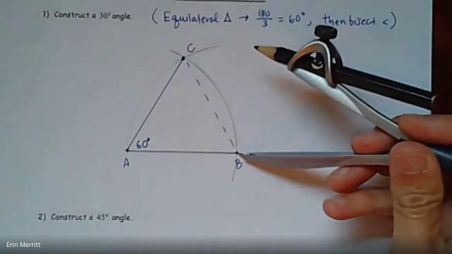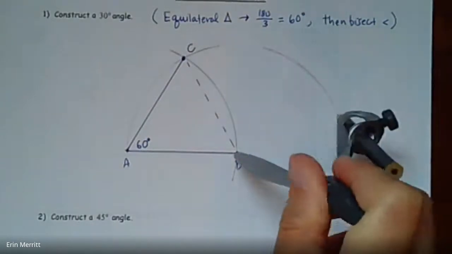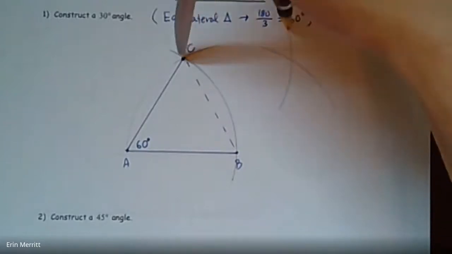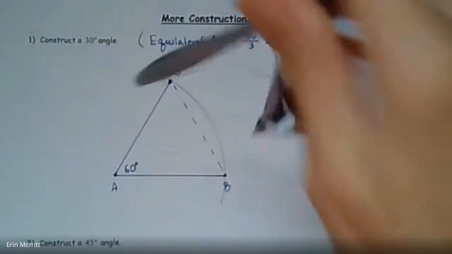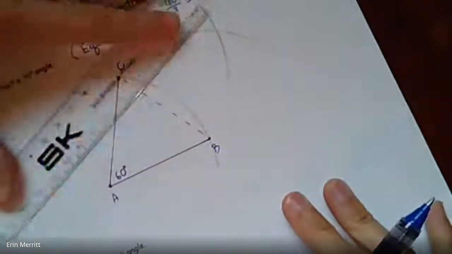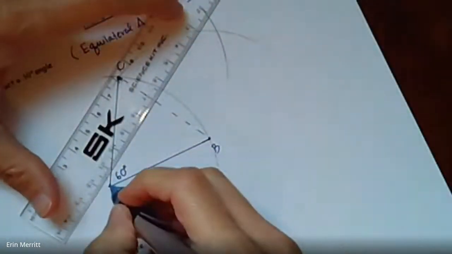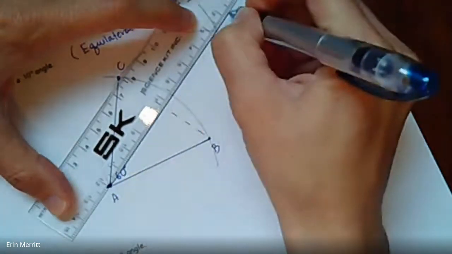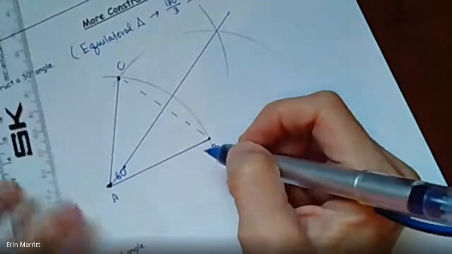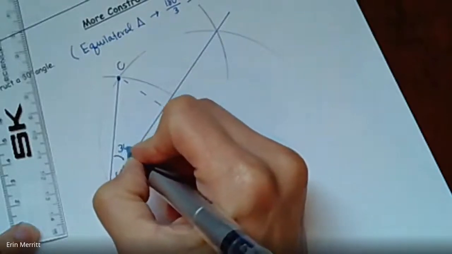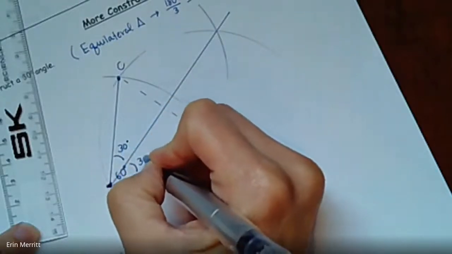Then I'm going to slide my point over to point B, swipe an arc, slide it over to point C, and swipe an arc. There we go. And then from here, if I connect from point A through that intersection right here, what I just did is effectively bisect that angle and create 2 30-degree angles.